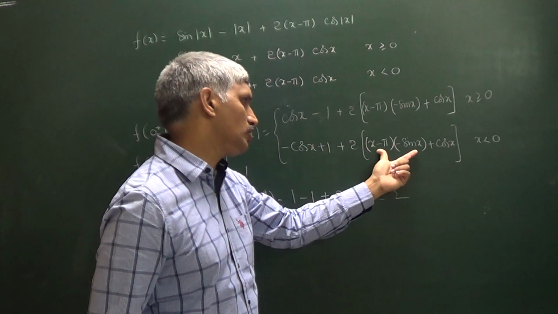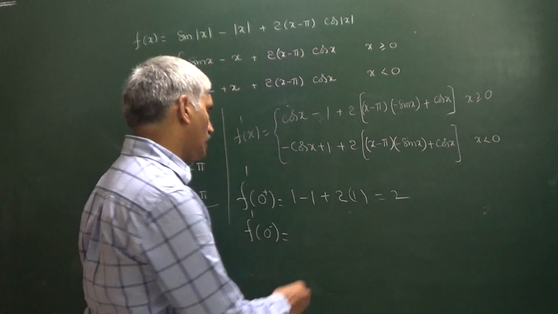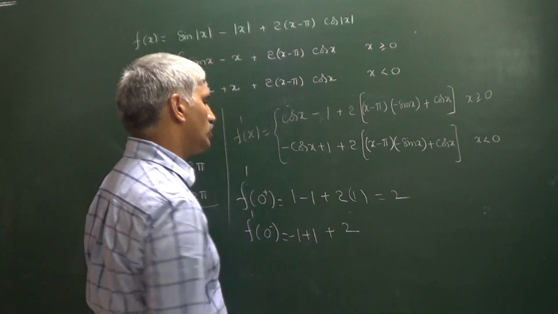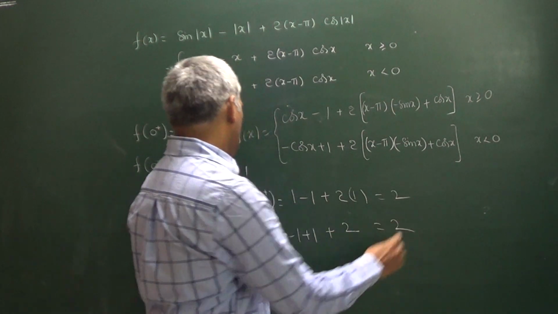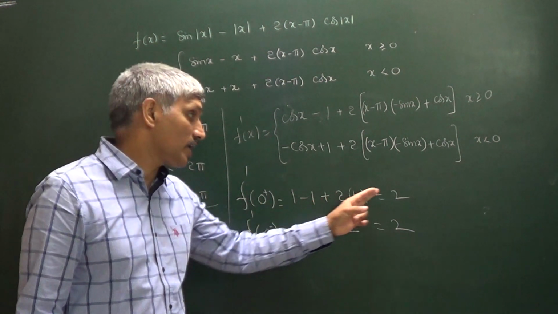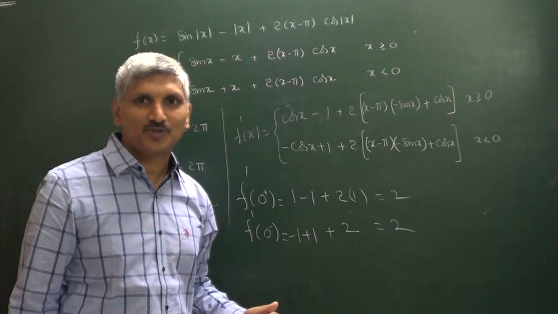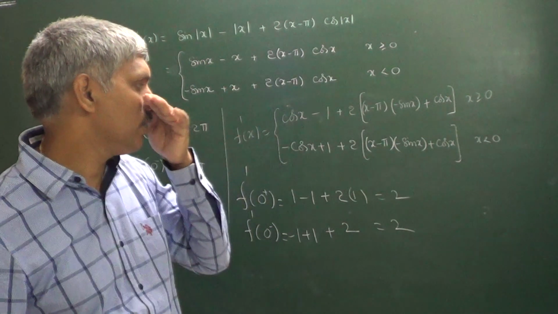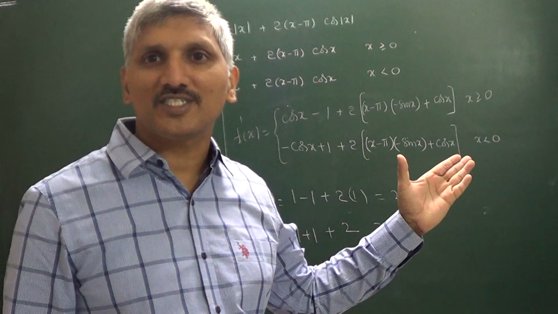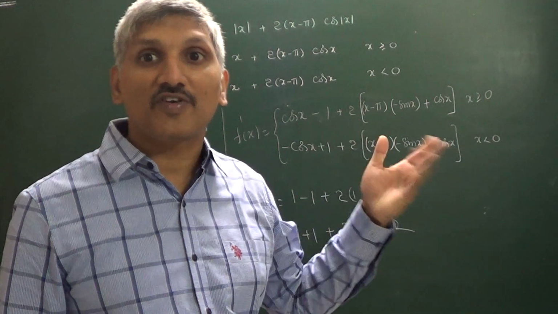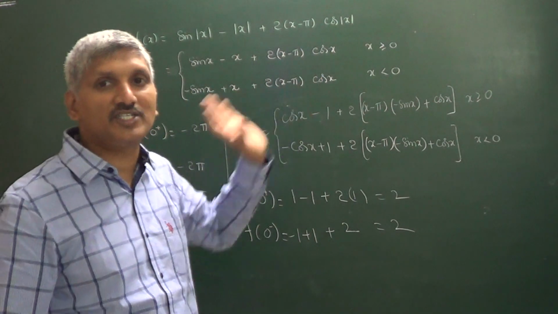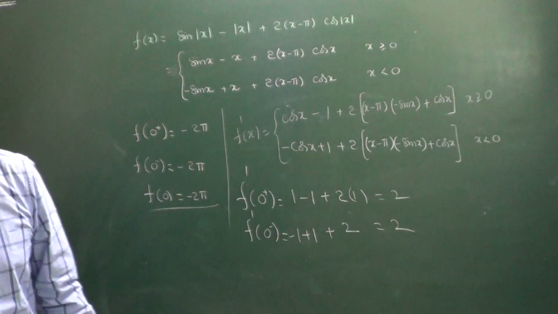This becomes 0, cos 0 is equal to 1. Here also we are getting 0 plus 2 only. That's why the right hand derivative and left hand derivative both exist and are equal. So the function is differentiable at x equal to 0 also. Function is continuous at 0, function is differentiable at 0. So we can say the function is everywhere continuous and everywhere differentiable.